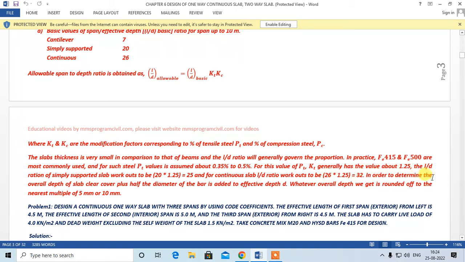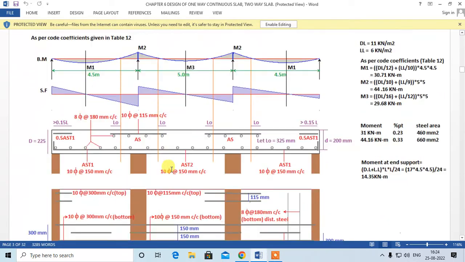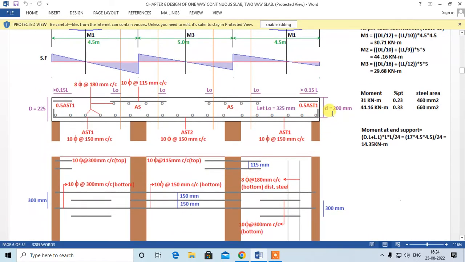So in order to determine the overall depth of the slab, clear cover plus half the diameter of the bar is added to the effective depth D. Whatever overall depth you get is rounded off to the nearest multiple of 5 mm or 10 mm. What I mean is, say suppose you got your effective depth D as 200 over here, then add half the diameter of the main steel plus the clear cover.